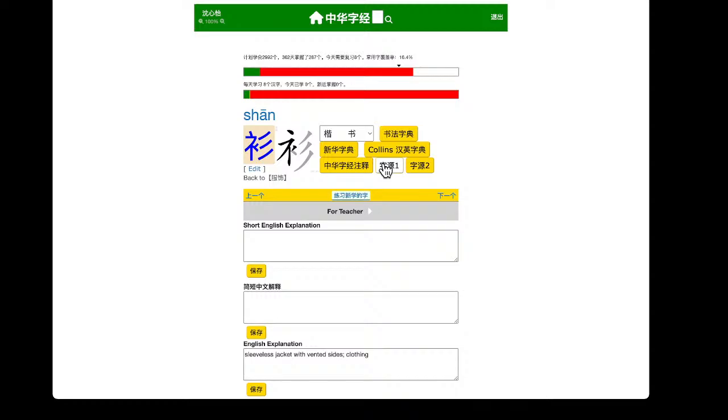Next, let's take a look at the character. You can see the cloth radical, and on the right hand side is san, three strokes.